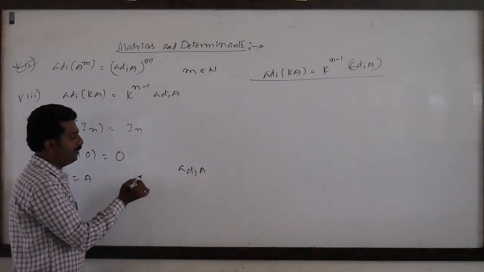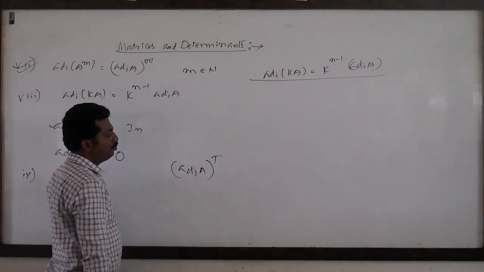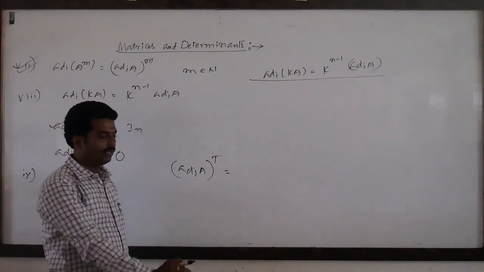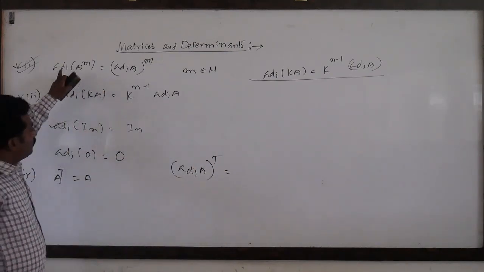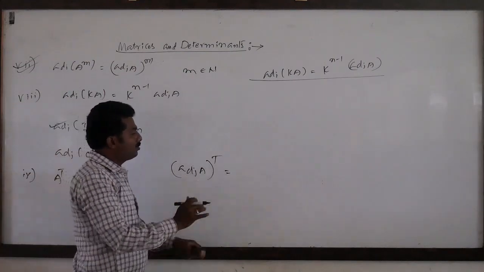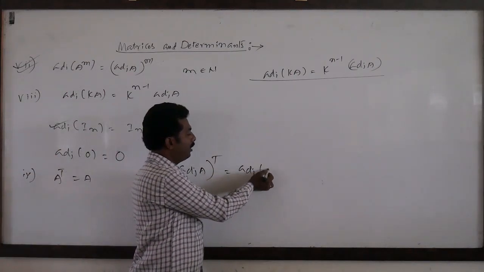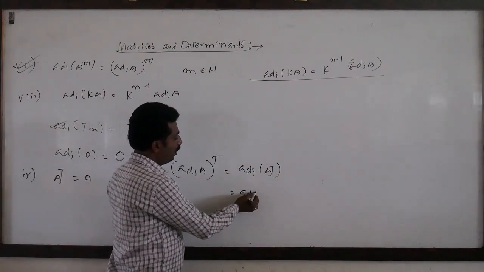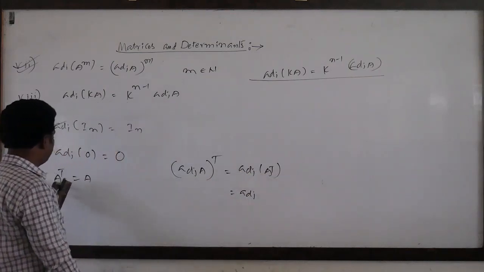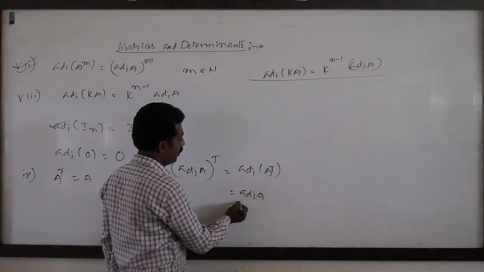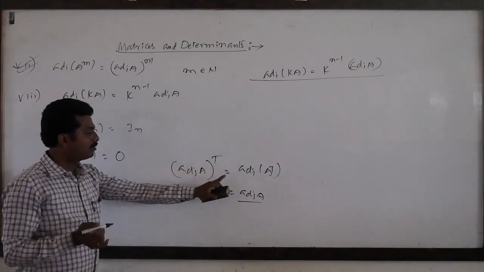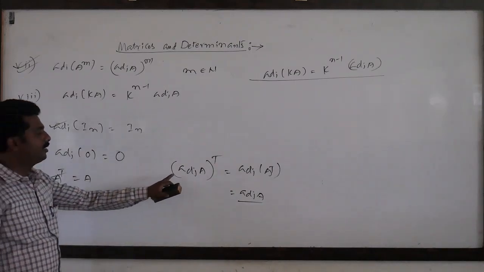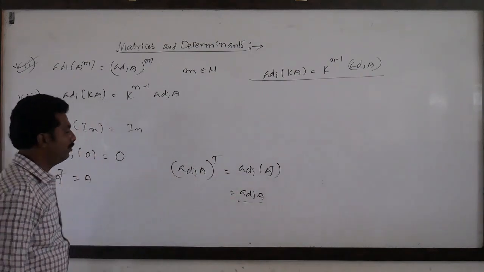To prove that adjoint of A is symmetric, it is enough to prove that adjoint of A whole transpose equals adjoint of A. By the previous property, adjoint of A whole transpose equals adjoint of A transpose, which is adjoint of A. So adjoint of A whole transpose equals adjoint of A.